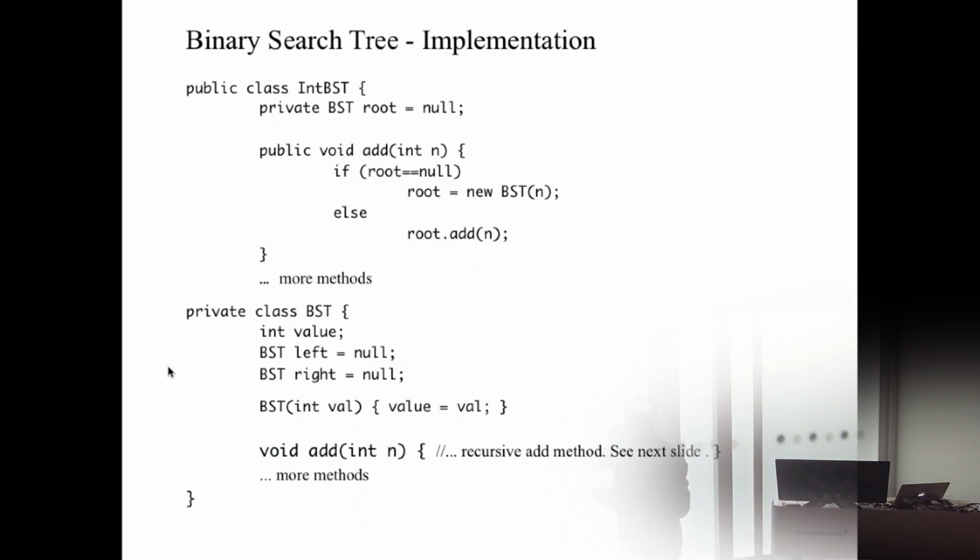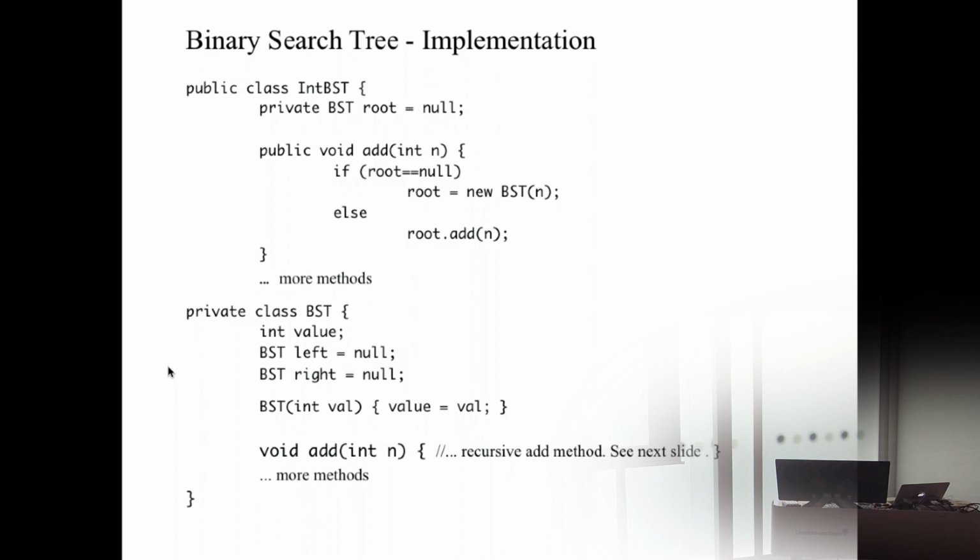We have an overall implementation class, IntegerBST, and then a private BST class representing the internal nodes in our binary search tree. In this class we have basically 3 attributes: the value for each node, and then the left and right for the left subtree and the right subtree.